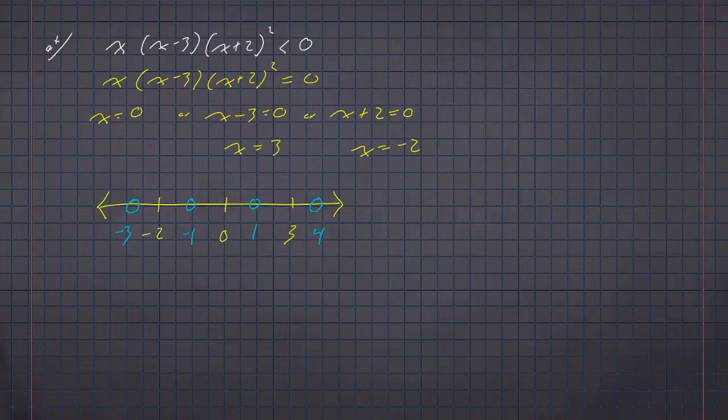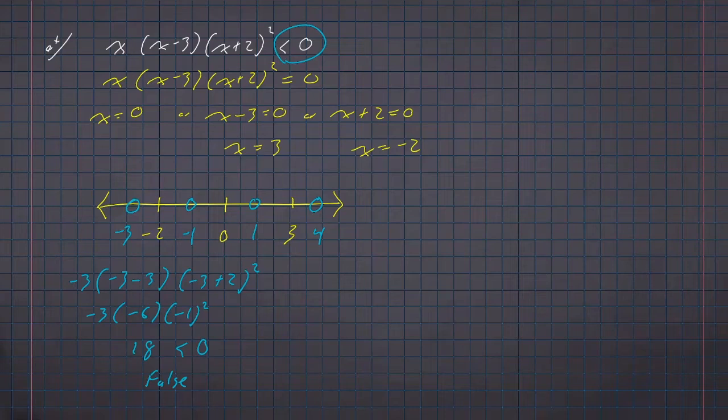So for the first point, we take x is negative 3 times negative 3 minus 3 times negative 3 plus 2, the whole thing squared. That's going to be negative 3 times negative 6 times negative 1 squared. Negative 3 times negative 6 is positive 18. Negative 1 squared is 1, and multiplying by 1 does not change anything. We are asking if this is strictly less than 0, and it is not.